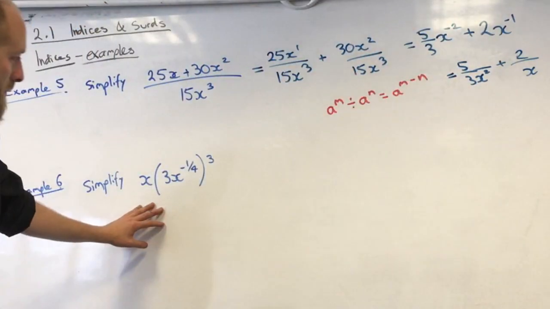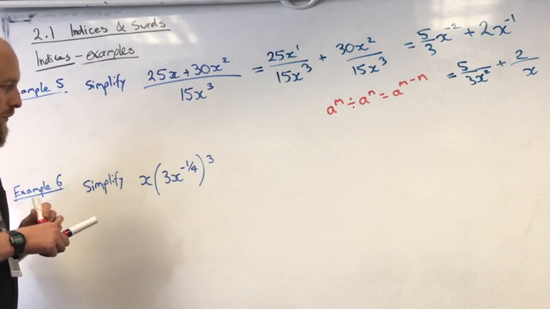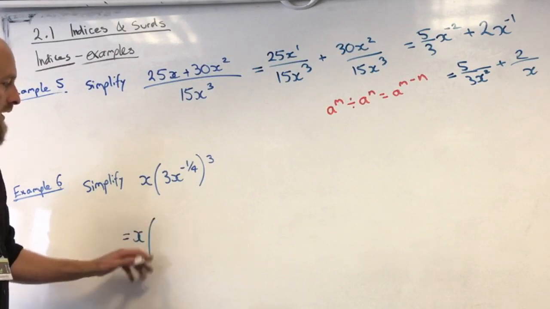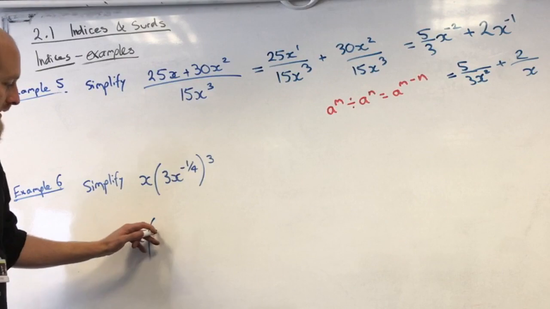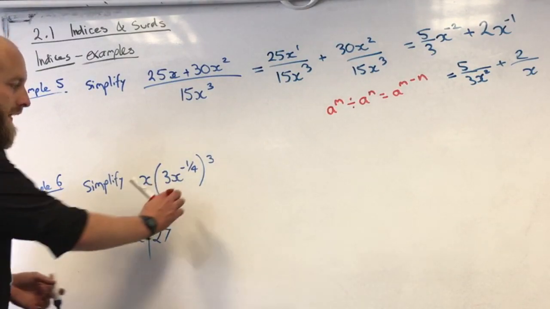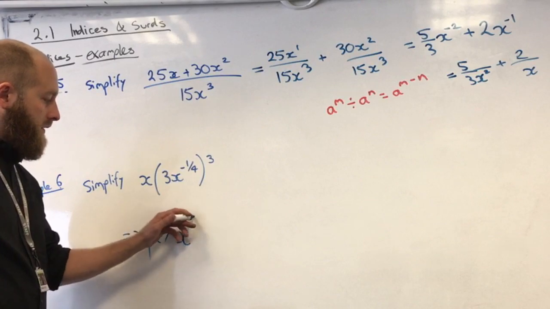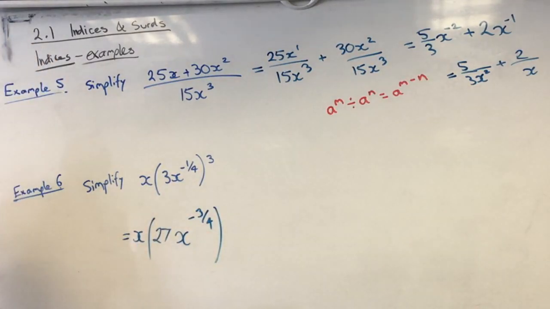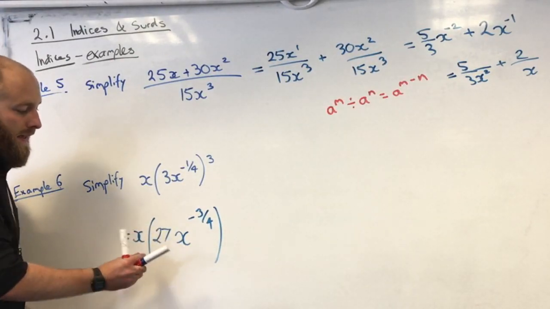Right, next one, so quite a lot going on here as well. If first of all we worry about brackets and then bring the x in later. So we've got to cube everything inside the brackets. 3 cubed is 27. Then the x, well, we can just times those powers together and say it's x to the power minus 3/4. Now next bit, we've got two terms, x and this bit multiplied together.